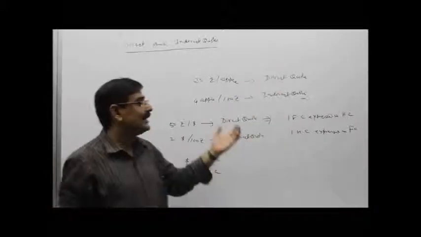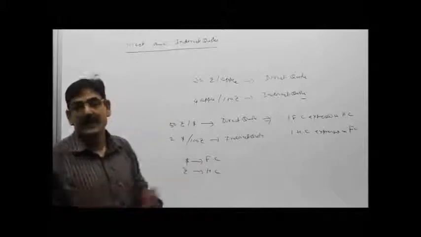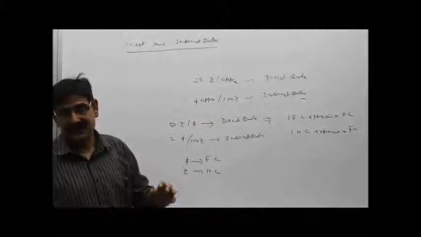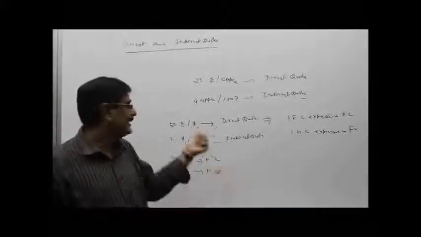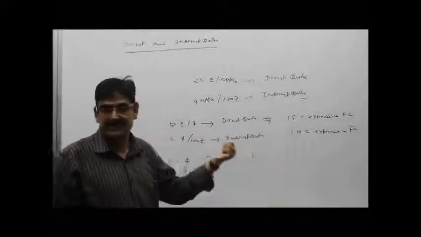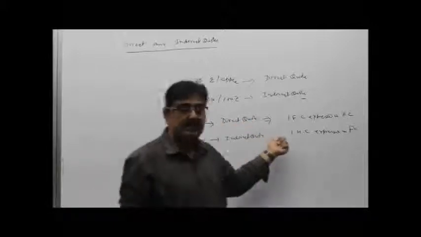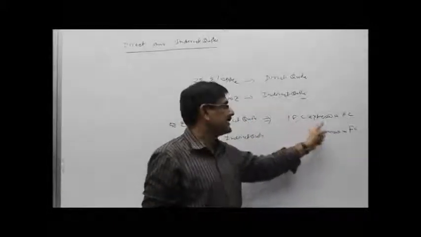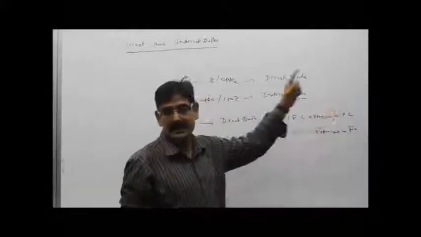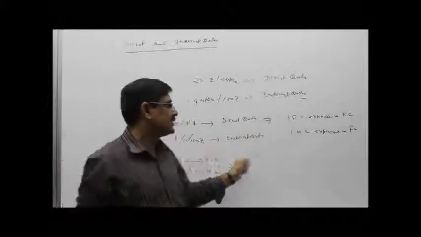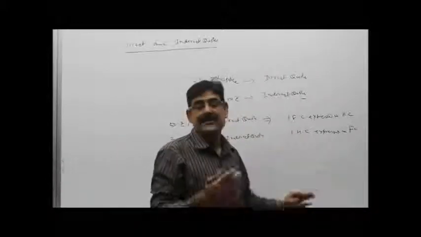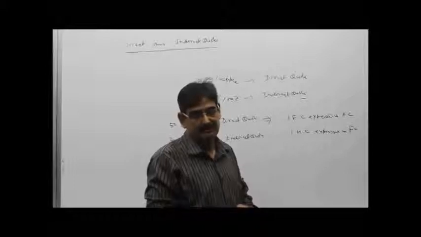And indirect is that out of 100 rupees or 1 rupee, how many apples can you purchase? Apples may not be in fractions, but currency can be. So a direct quote is when one foreign currency is expressed in home currency, and indirect is when one home currency is expressed in certain units of foreign currency.